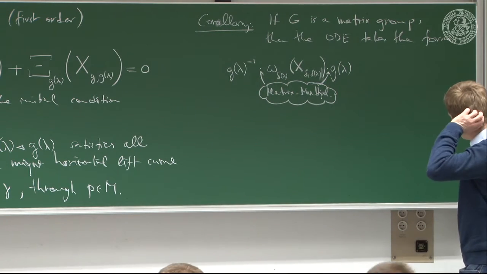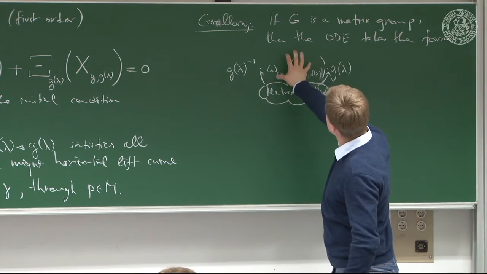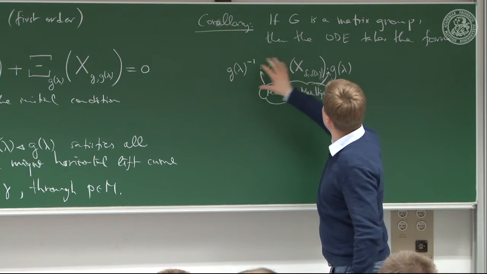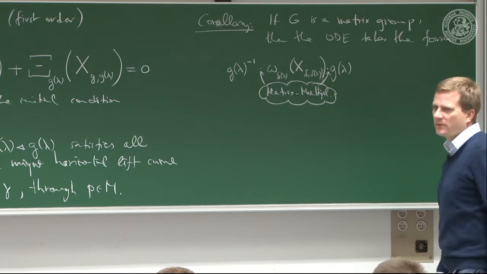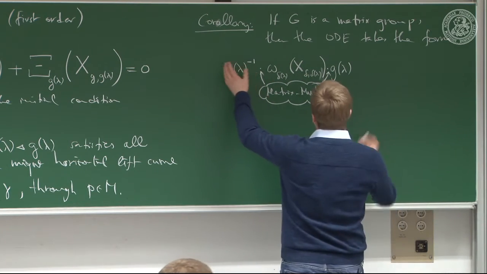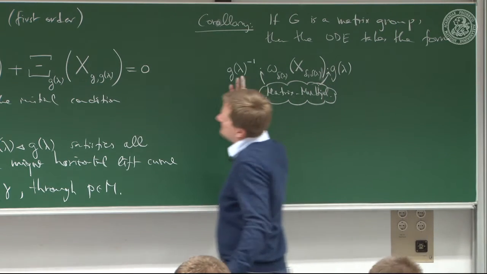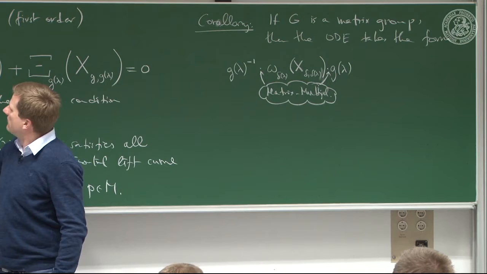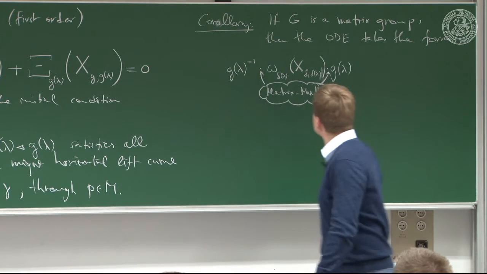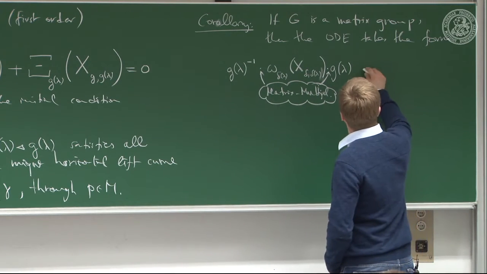Nevertheless, this is Lie algebra valued, this is group valued, but because we have a matrix group, the group elements can act by matrix multiplication on the Lie algebra elements. This is just, if you wish, a numerical coincidence here. But that makes it very simple.